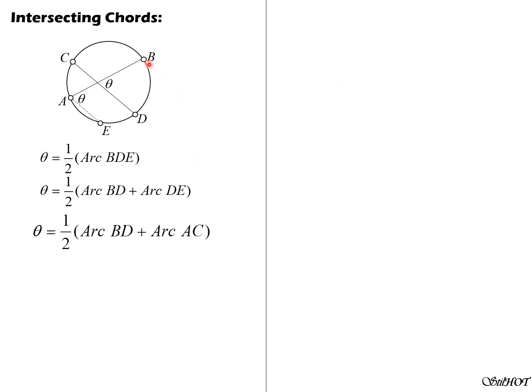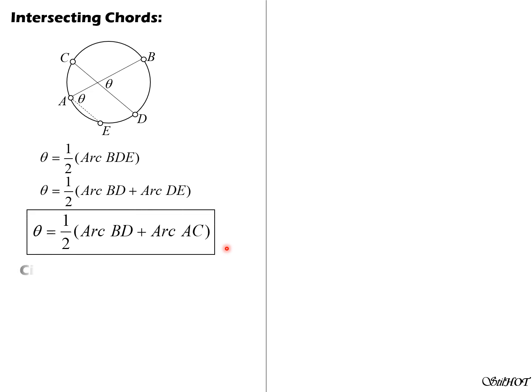Sorry, arc BDE is arc BD plus DE, and we take note that arc DE is equal to arc AC, so that's why theta is 1/2, or the average, of the measure of the angle subtended by the arcs BD and AC. So whatever is the angle occupied by arc BD and AC, you add, divide by 2, that is theta. I hope you cannot forget that it's the average of the subtended arcs.